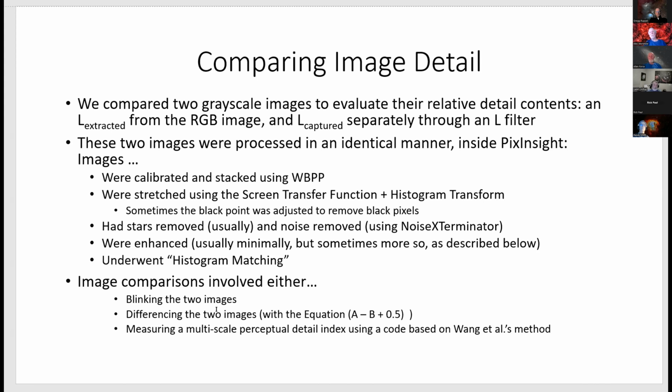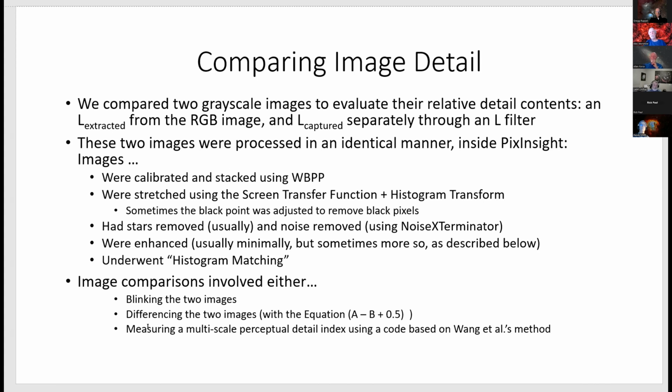I took a difference of the 2 images, the L captured minus the L extracted, and added 0.5 to shift it to the center of the range 0 to 1, so we can observe it. And again, if this ends up being a flat image with a constant value, then L extracted equals L captured.